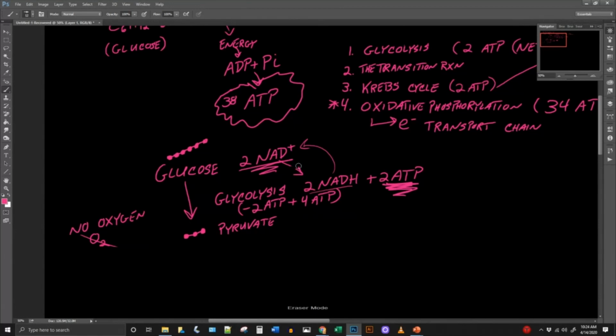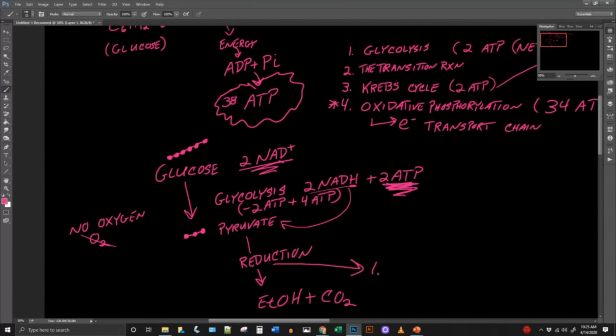So what's the cell going to do? Well, it's going to take the H on the end of this NADH, and it's going to reduce pyruvate. If pyruvate is reduced, you will get either ethyl alcohol plus carbon dioxide, CO2 is another byproduct of this, or you'll get lactic acid.